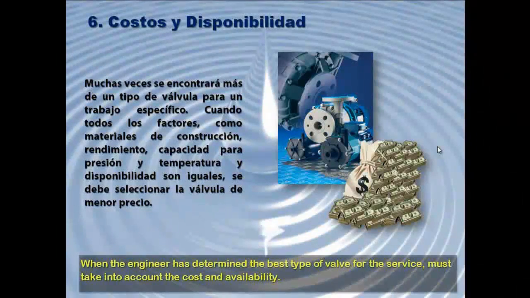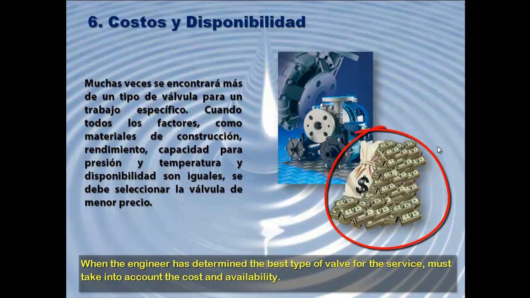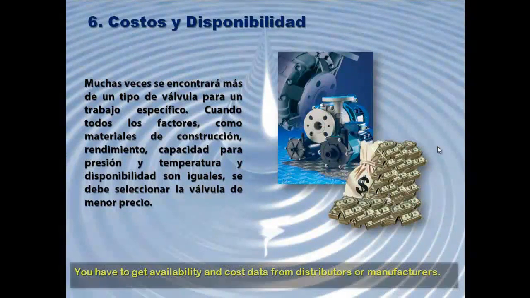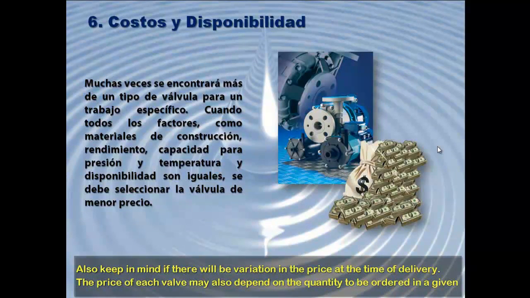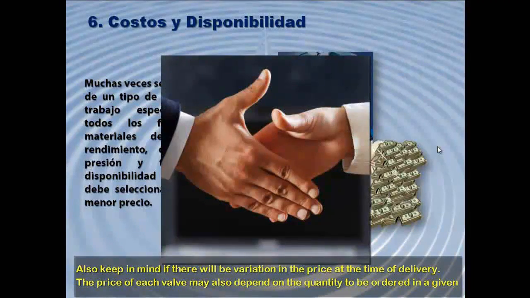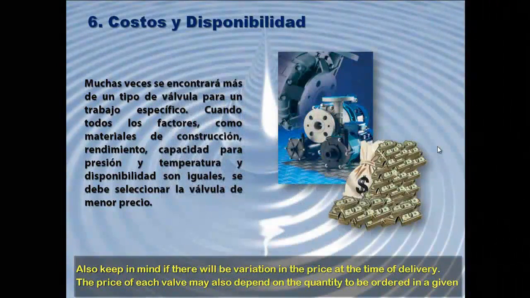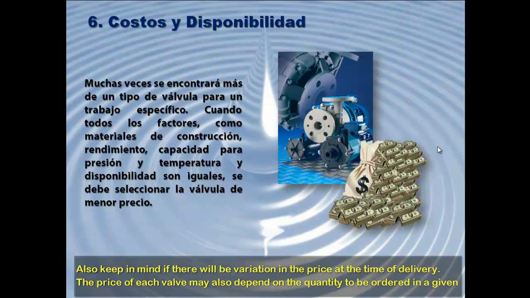When the engineer has determined the best type of valve for the service, they must take into account the cost and availability. You have to get availability and cost data from distributors or manufacturers. Also keep in mind whether there will be variation in the price at the time of delivery. The price of each valve may also depend on the quantity to be ordered in a given time.